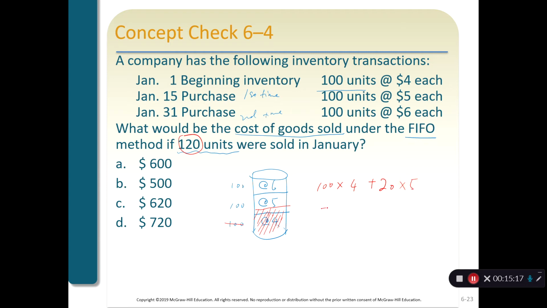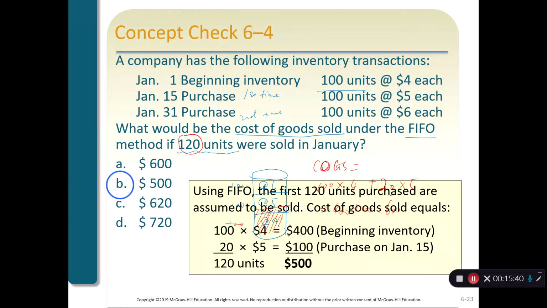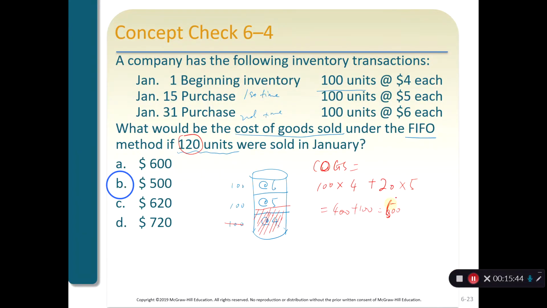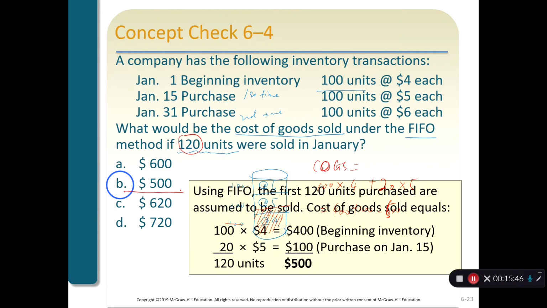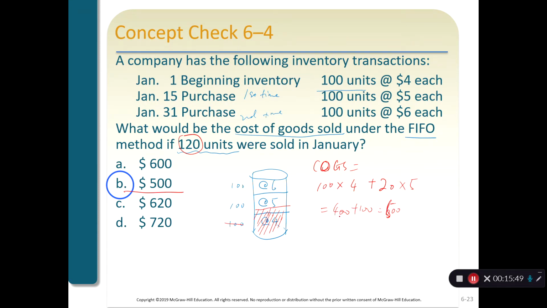So we have 400 plus 100, which is $500 of cost of goods sold. So I will choose B, 500.